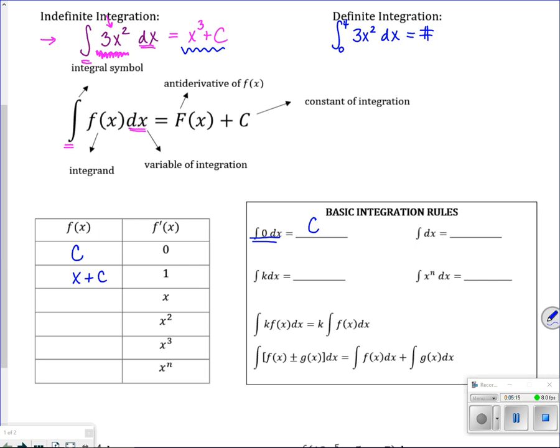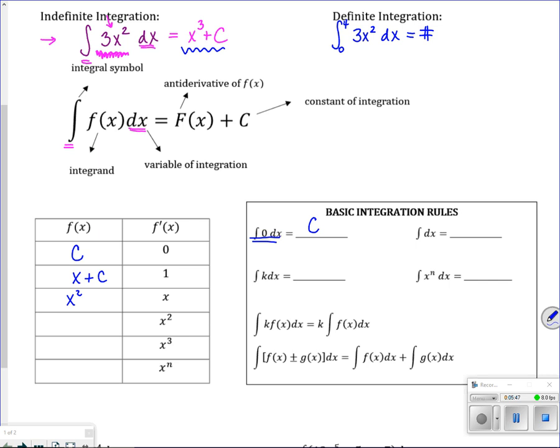I mean, x plus 5 would still have a derivative of 1. x plus 9 would still have a derivative of 1. And you get the idea. So let's see if we can fill out the rest of that chart. Who would have a derivative of x? Well, it's got to be an x squared, right? But think, if you took the derivative of x squared, do you get just x? You would get 2x, right?